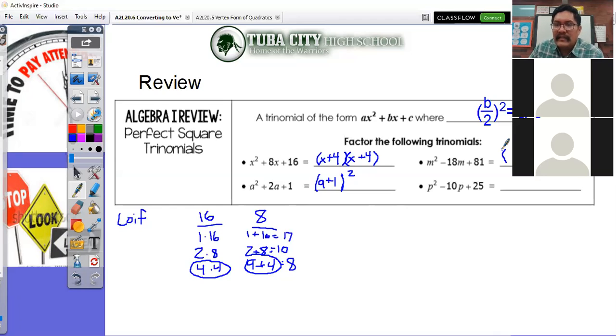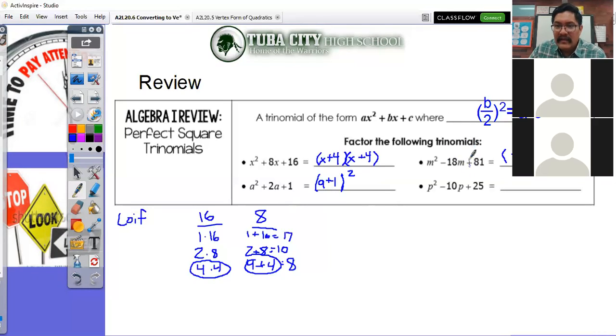But in this case here, we need two numbers that multiply to 81, but when I add them, will give me 18. But actually, specifically, negative 18. So you might be thinking, well, what if we were to put plus in there? Now, when we add them, 9 plus 9 will give us positive 18, not negative 18.